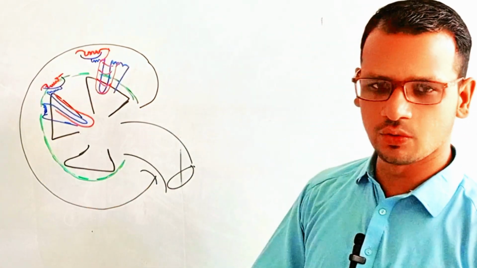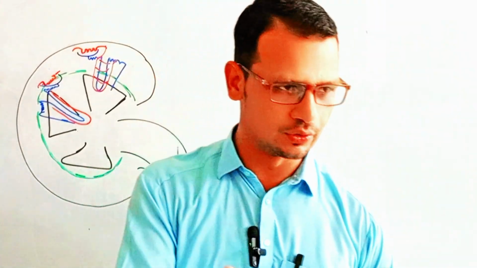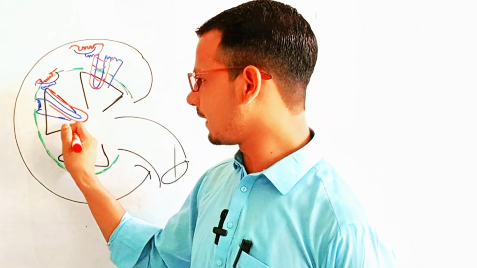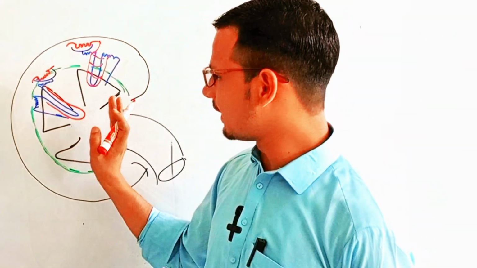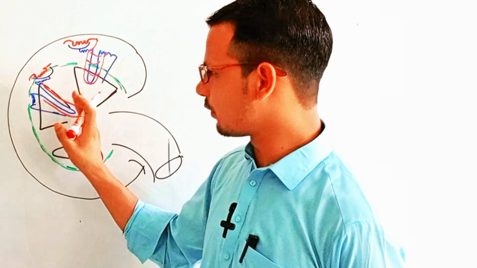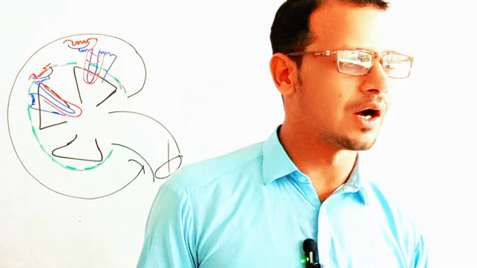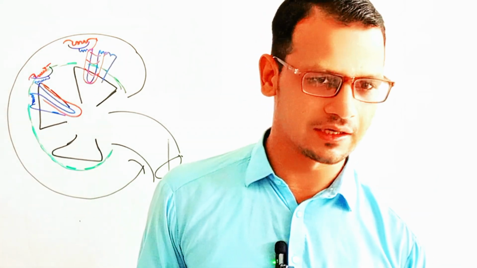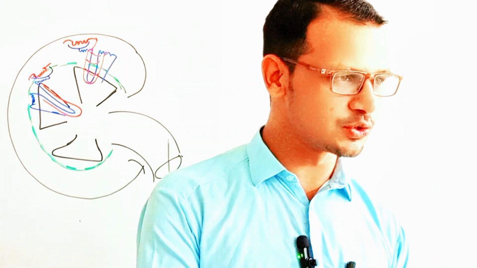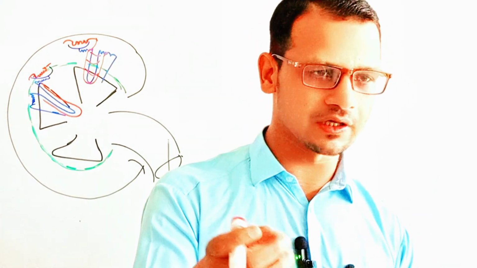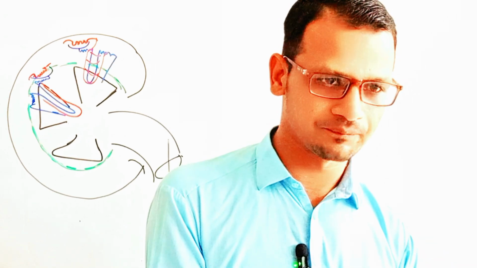Vasa recta is a long tube after the glomerulus, and they are covering the loop of Henle. What mechanism occurs in the vasa recta we will discuss in detail. It is called the countercurrent exchanger mechanism, right? And it is used for the dilution and concentration of urine, right?